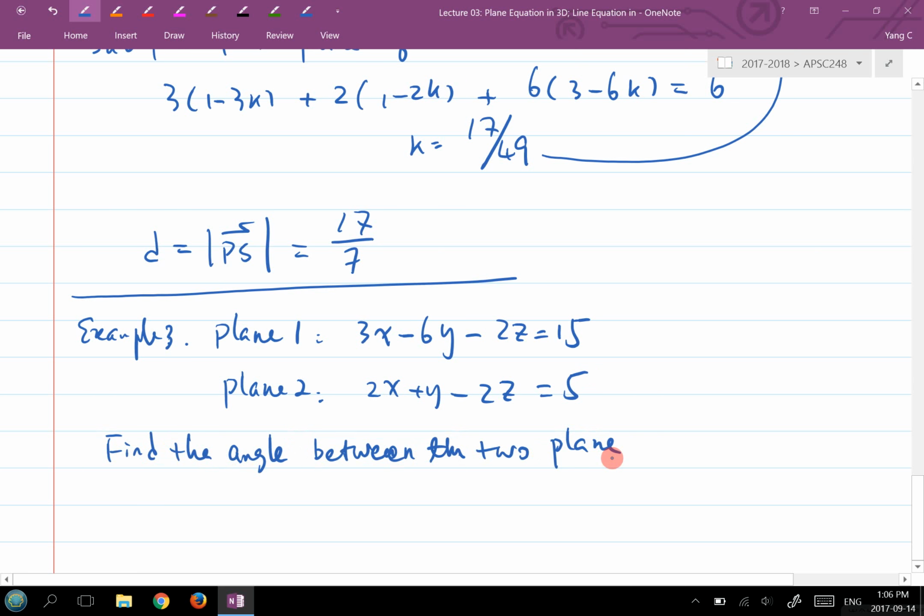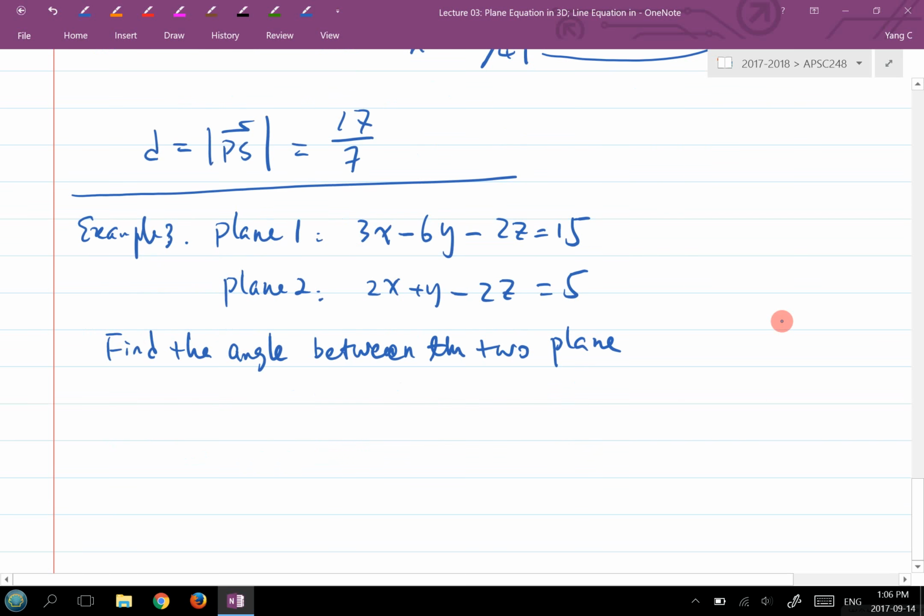Because planes are infinite, extended in space, there will be an angle between the two planes. It doesn't matter if the planes are parallel to each other; that means the angle between the two planes is going to be 0. So in this case, either way, you're trying to find the angle between the two planes.